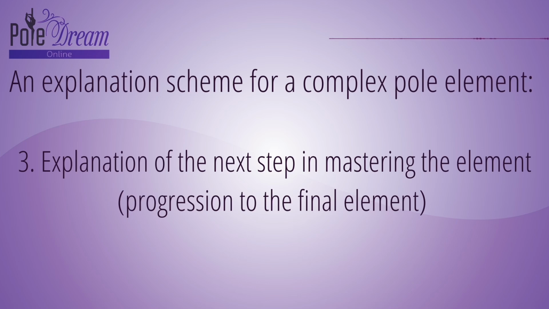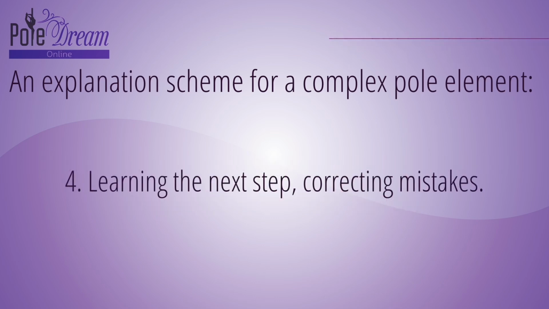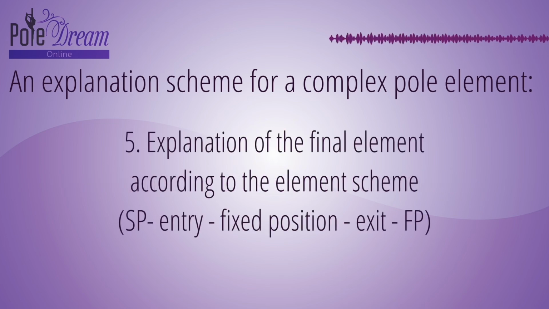Number 3 is explanation of the next step in mastering the element. This could be progression to the final element, or maybe it's again pole conditioning. Number 4 is learning the next step and correcting mistakes. Number 5 is explanation of the final element according to the element scheme.